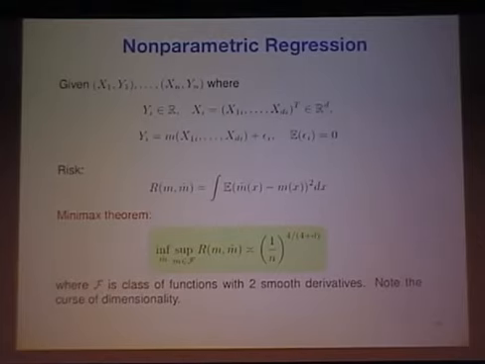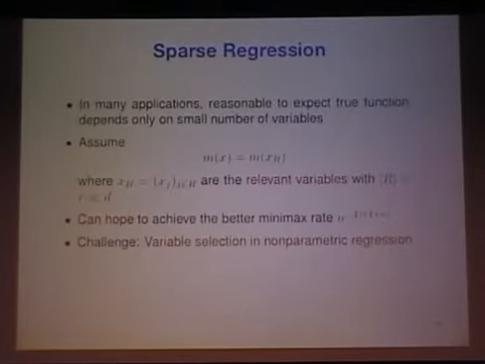All right, well, what we'd like to do, though, is that for many problems, it's reasonable to expect that the true function is sparse. And in fact, as I've already argued, there has to be some sort of sparsity or low-dimensional structure in order to learn practically.